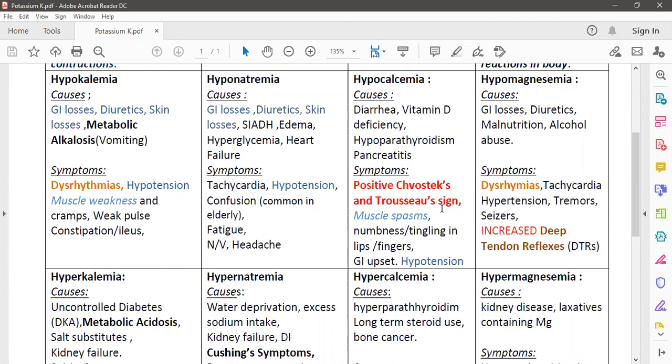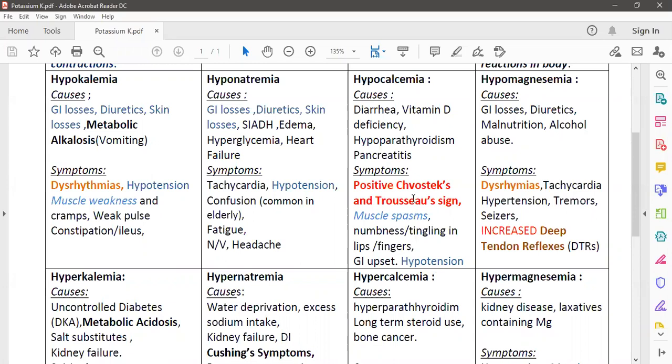If positive, it indicates the patient has hypocalcemia. If the patient has tetany, also muscle spasm, numbness, tingling, GI upset, and hypotension are signs and symptoms of hypocalcemia.